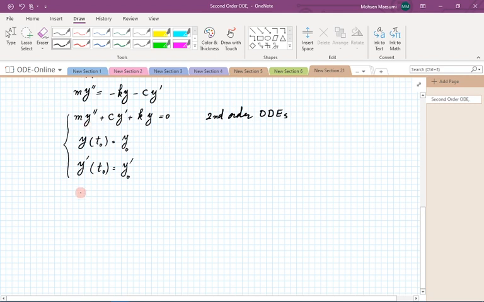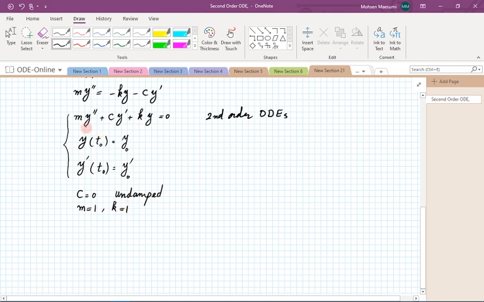So I'm going to take a case that c is equal to 0 to make the problem simpler. Physically, we are going to refer to this as undamped, or if you wish, frictionless situation. And let's take a case where m is 1 and also k is 1. So our numbers are very friendly.